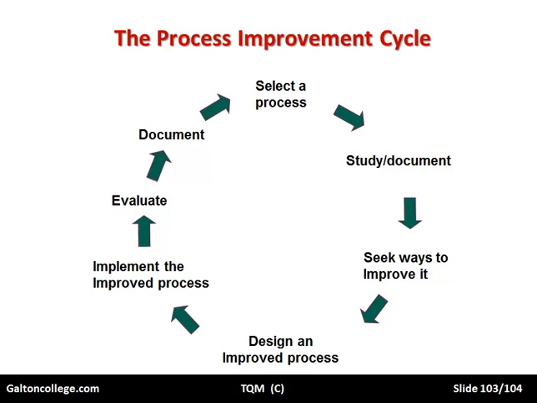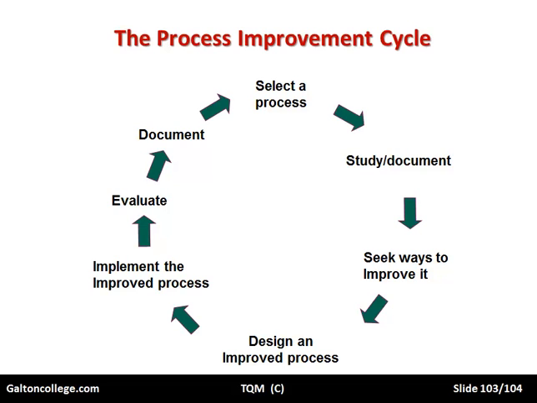So we have this circle almost of continual improvement that simply goes round and round. Clearly for each process it'll run for a certain time period given the resources of the business and move on to the next process and the next process, but eventually it'll come back to that process again, and so on. The cycle will continue and they will continually try to find improvements. That's the TQM way.